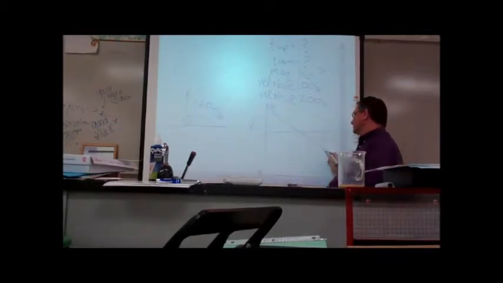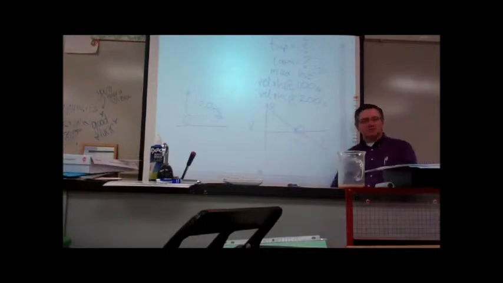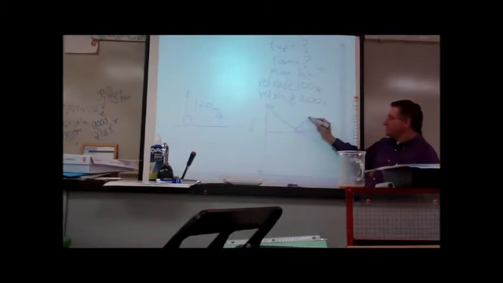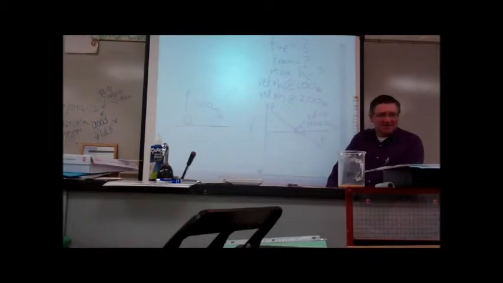Like this? I think so. So at this point, what's the velocity? Where's the ball? At max height. So at this point, the velocity is 0, and it's at its max height. That's nice.